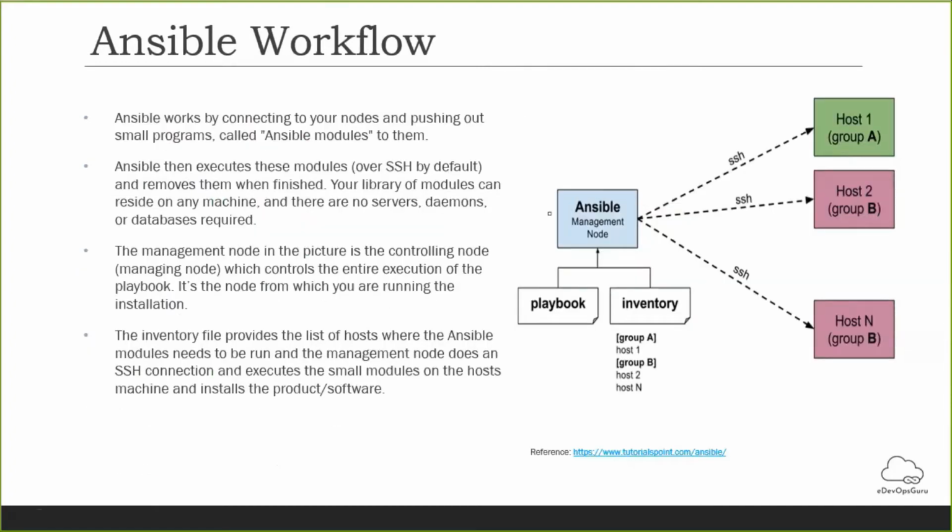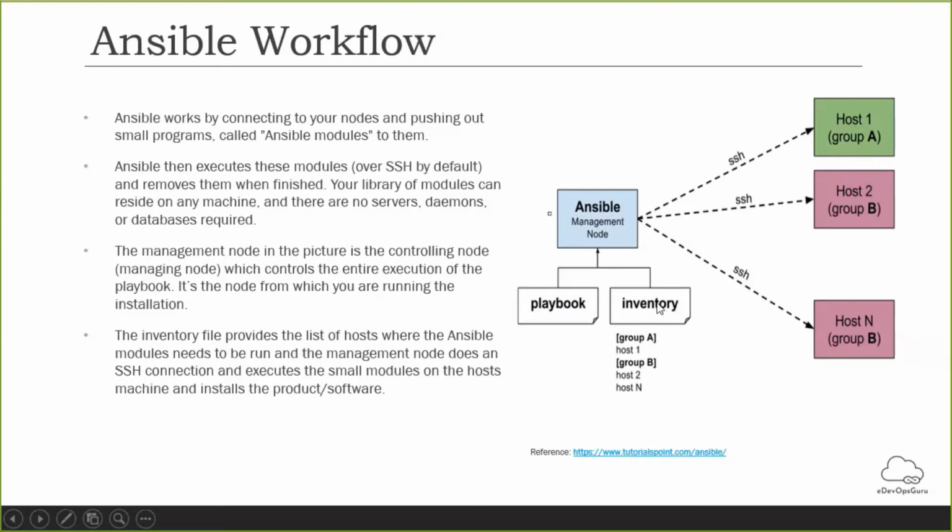So what is the workflow of Ansible? As we discussed, this is the Ansible management node, mainly called the master node, and it is connected to different hosts, that is slave nodes, through SSH connection. The Ansible management node has two things: playbook and inventory.